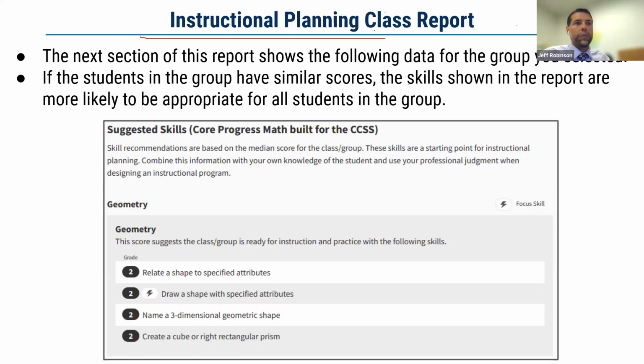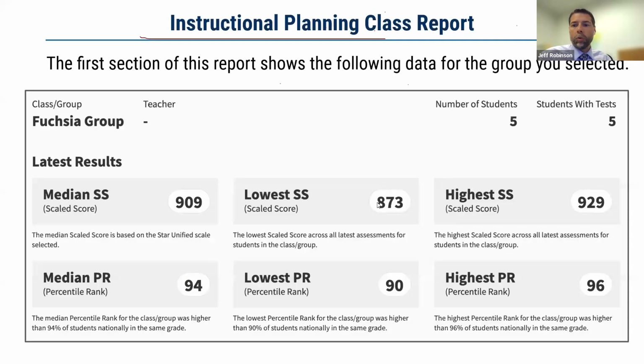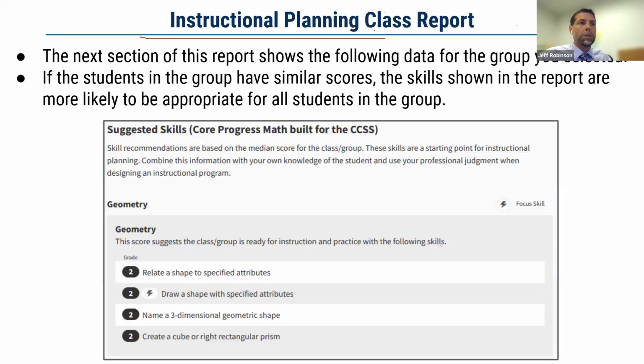As I mentioned before, if you have a real wide range in your scores, then the skills are not going to necessarily be as applicable for all the students in the group. So one takeaway I want you to understand is that using groups with this report will make the skills more applicable to the students in the group if you're grouping them by their performance.